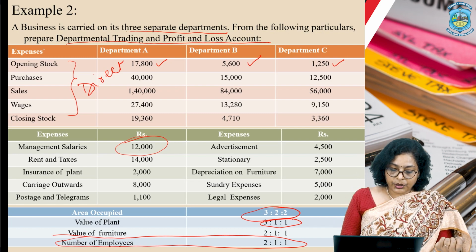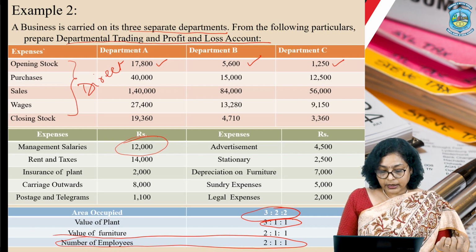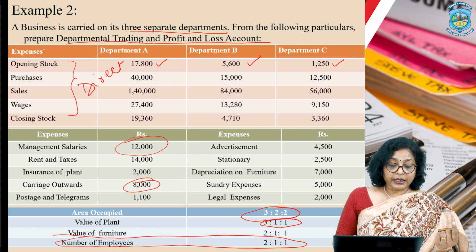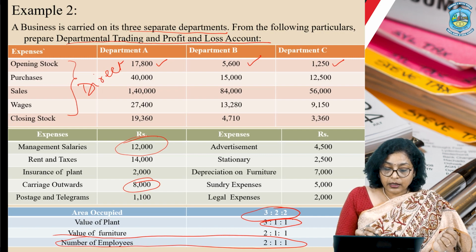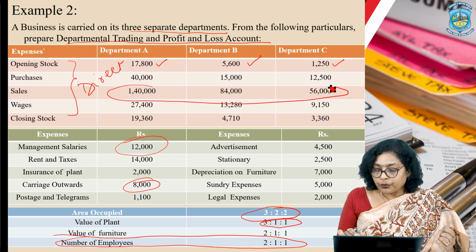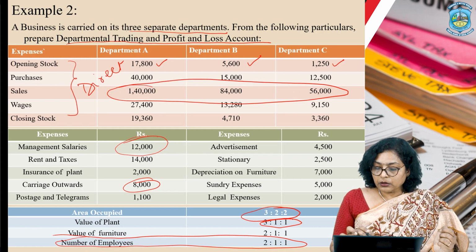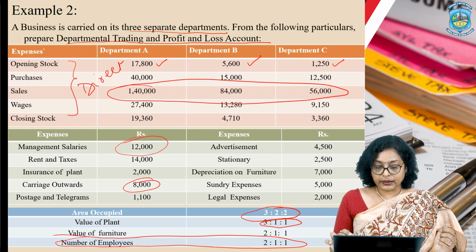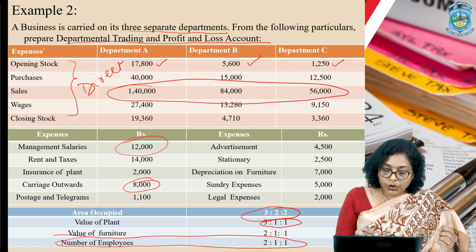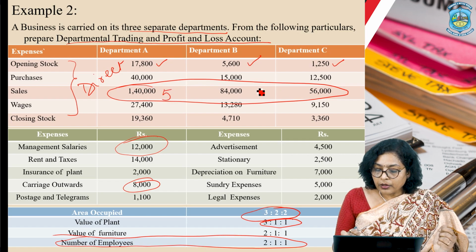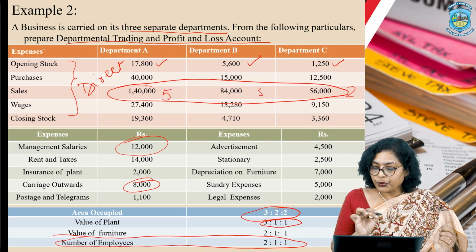Then next is carriage outward. We know that this expense is a selling expense, so it will be allocated on the basis of sales. See, here sales is given to you: 1,40,000, 84,000 and 56,000. It means the ratio is 5:3:2.